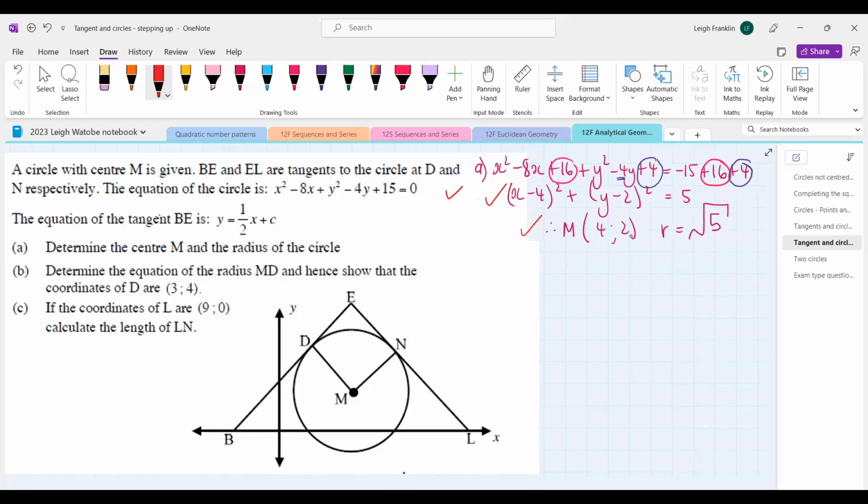Okay. How are we doing with the equation of the radius MD? Is anyone willing to... yes, who's that? Naledi. Oh, Naledi. All right.